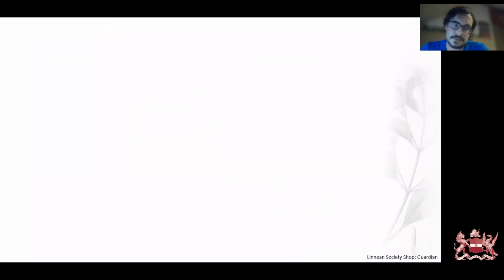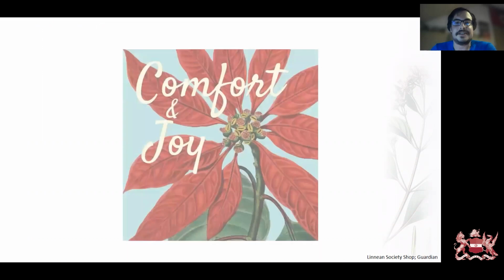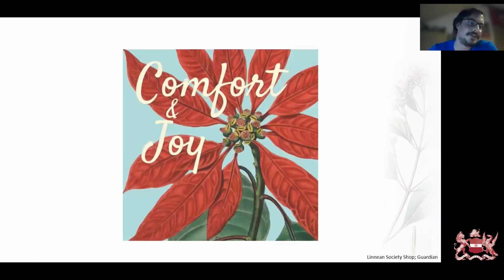When I was invited by the Linnean Society, I, of course, as well looked at the website with great interest and found a lot of super interesting information. And I also found these very nicely designed Christmas cards, and one that of course took my attention was this very nice card of poinsettia.